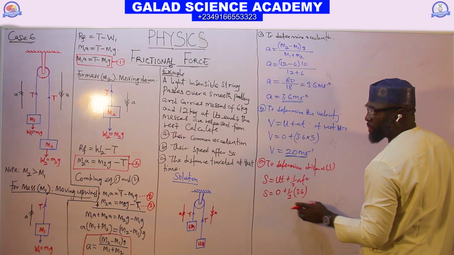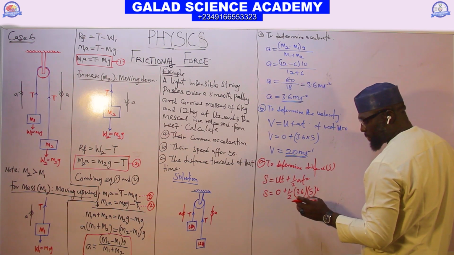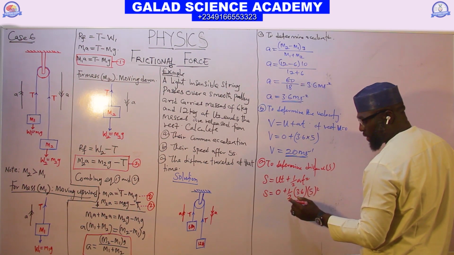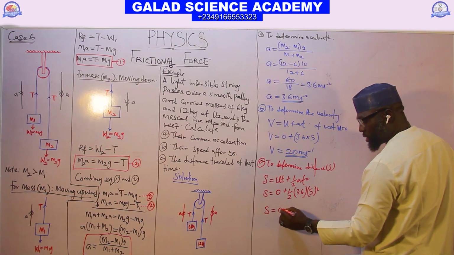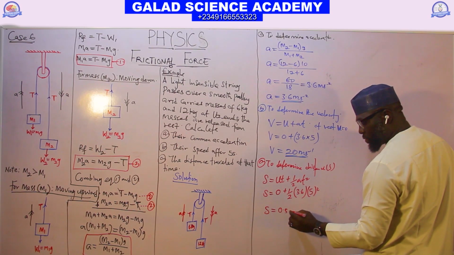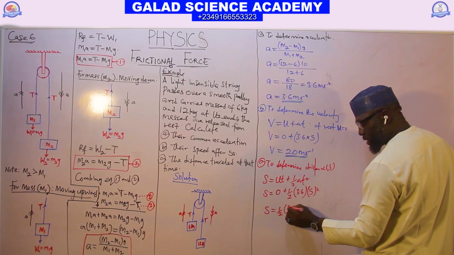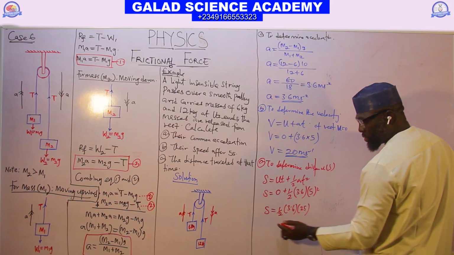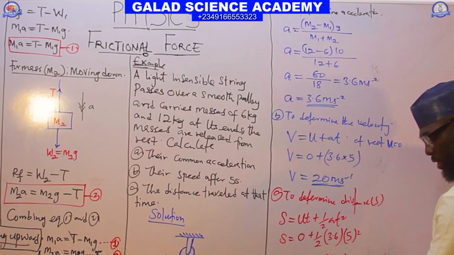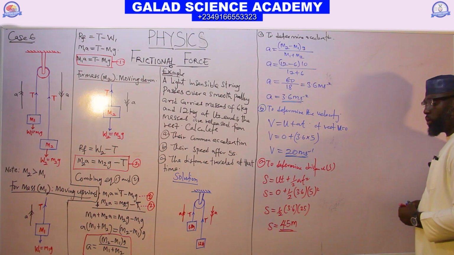What is the time given? It is 5. 5 squared is 25. So now X should be 0.5 times 3.6 times 25. Let me press the calculator. We have 45 meters. That is the distance.